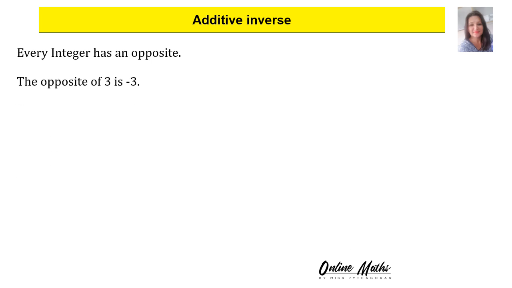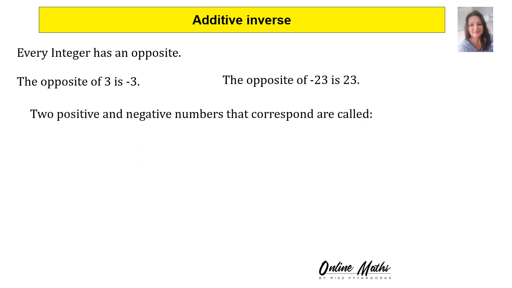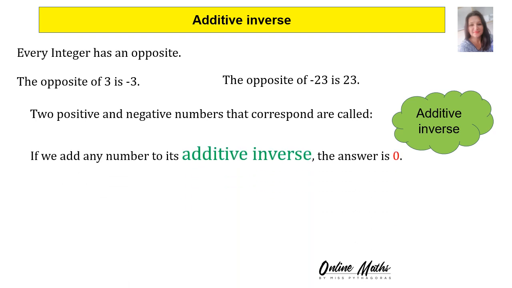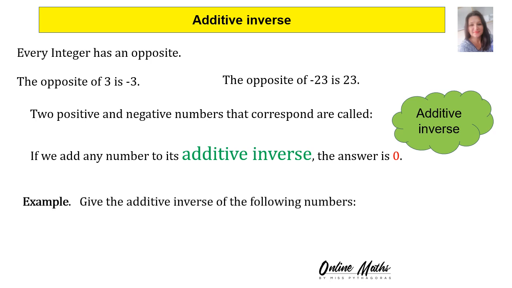The opposite of 3 is negative 3. The opposite of negative 23 is plus 23. Two positive and negative numbers that correspond are called each other's additive inverse. If we add any number to its additive inverse, the answer is 0.